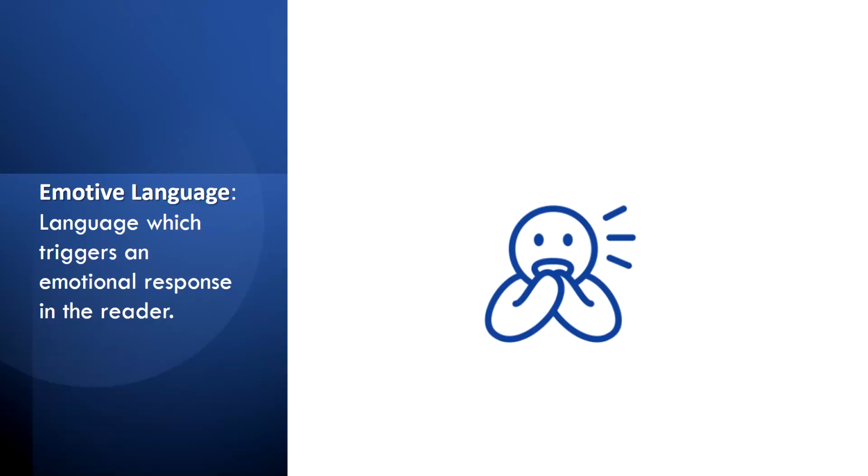Now, emotive language, really important in persuasive writing, especially for certain topics and certain readers. So emotive language is language which triggers an emotional response in the reader, and that can really be any emotional response. So it could be humour, it could be shock. Often it's used to talk particularly about guilt, shame, sadness, anger, fury, upset, frustration.